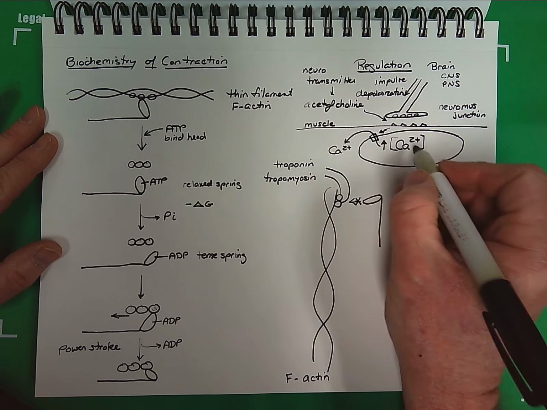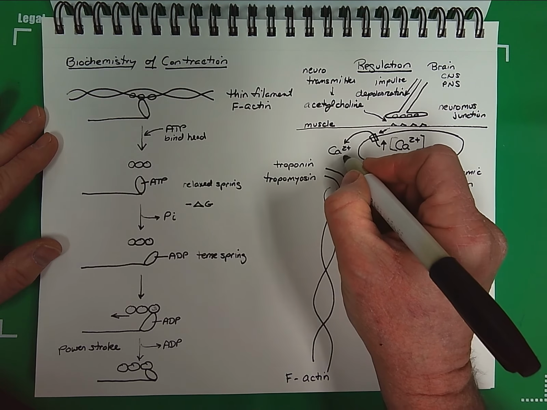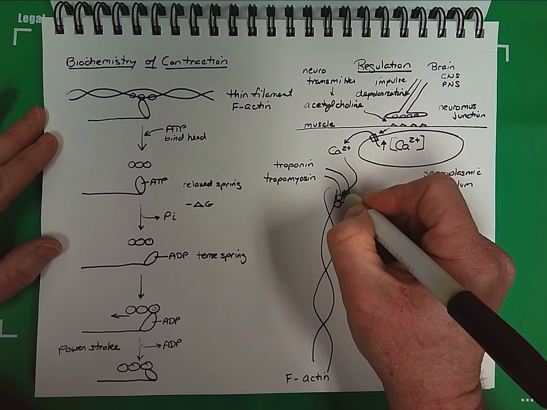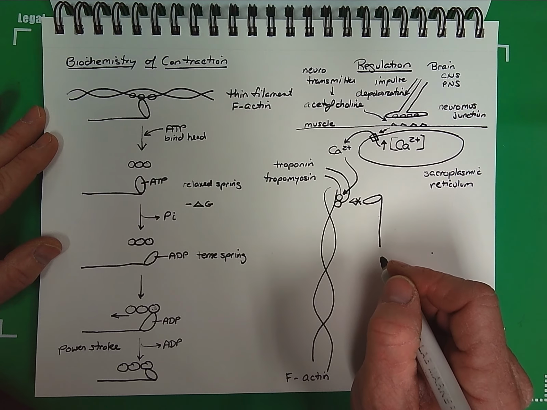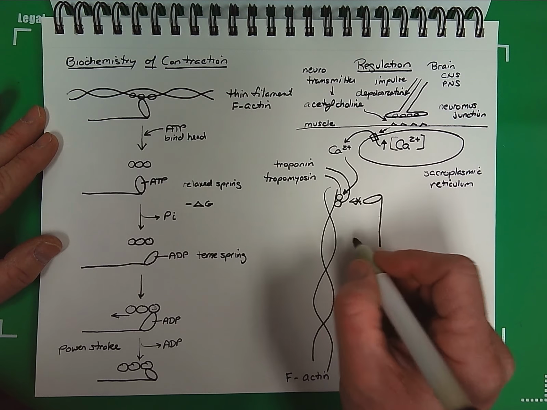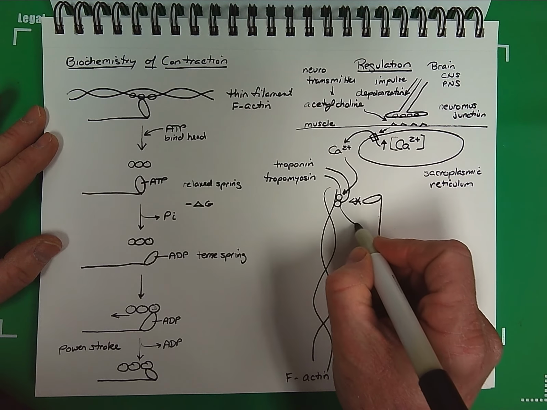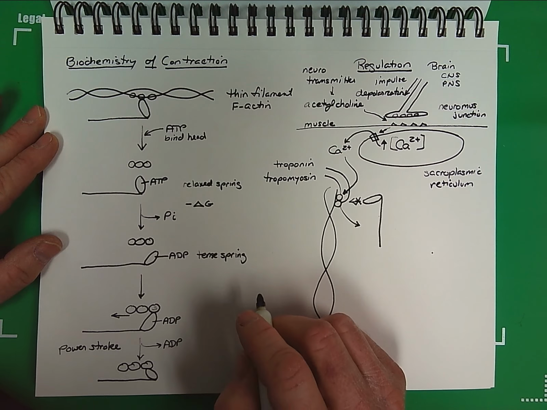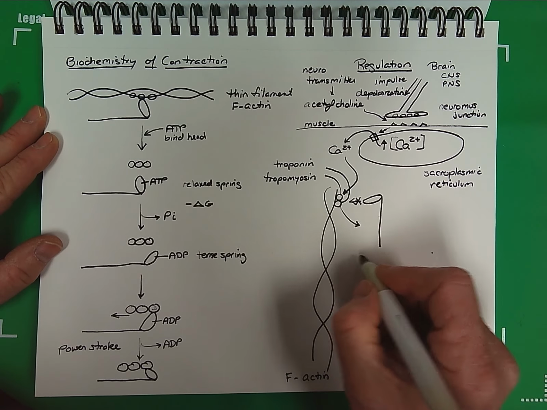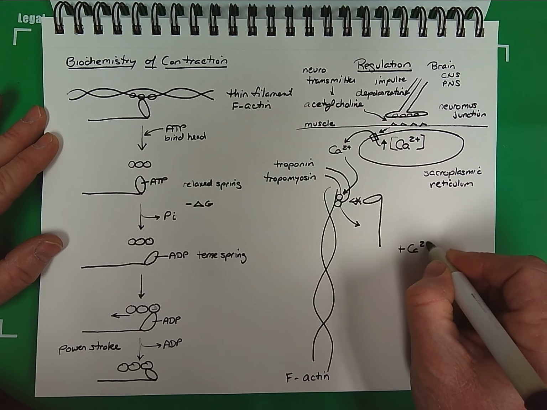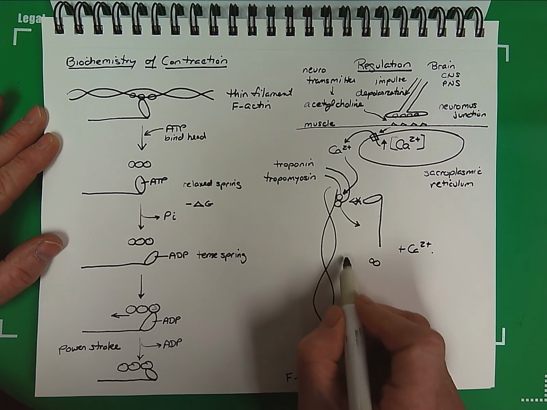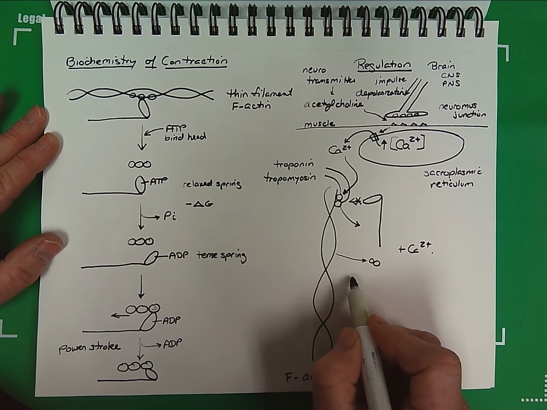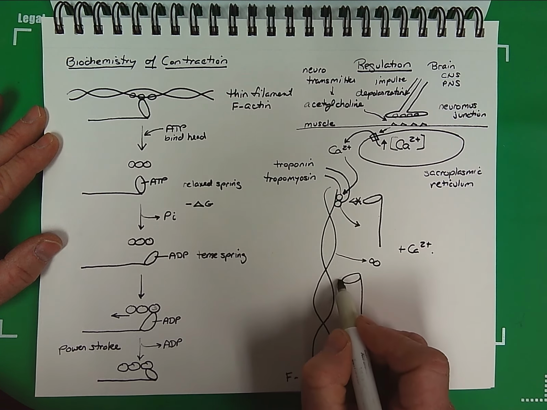What calcium does, when it's released by this nerve impulse, is the calcium now will bind to troponin. Binding of the calcium to troponin now releases this complex from the actin. So plus calcium causes the dissociation of troponin and tropomyosin, and now it allows the actin and myosin to interact.